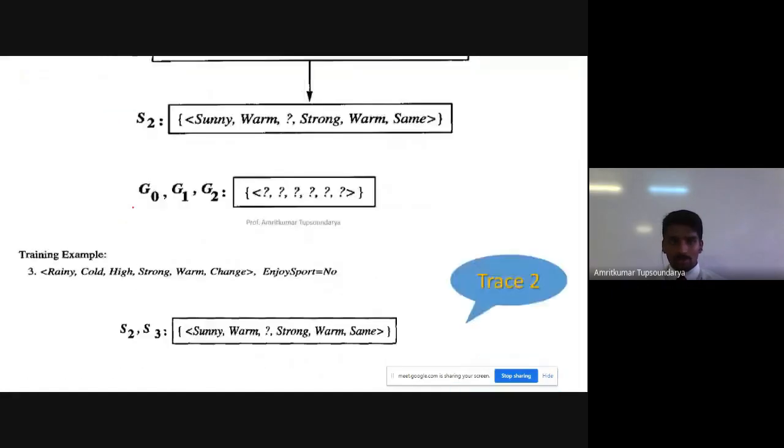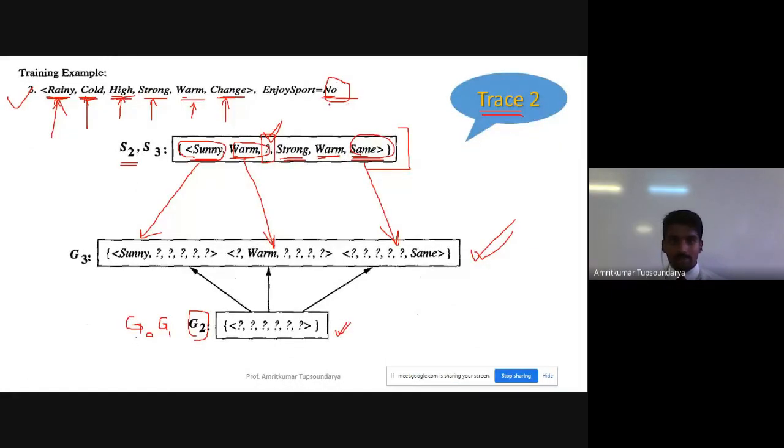Now, when we encounter the third training example, which is a negative training example, we update our G2 to G3 by creating three new, more general hypotheses with respect to the third training example, negative. Why? Because we have a few attribute values here, which are, you can say, rainy, cold, high, and warm, strong, warm, and change, in which a few of the attribute values were different compared to S3, S2, right?